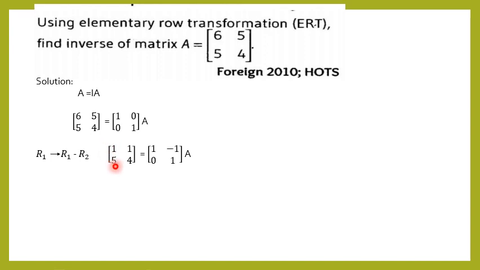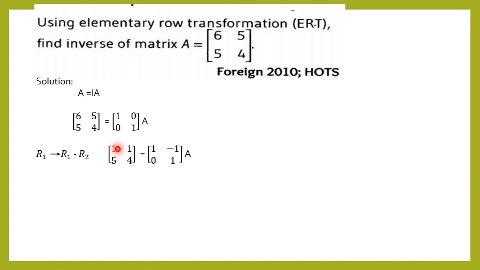Now the second task is to multiply the additive inverse of this 5 with the first row and add it to the second row. So we need to multiply the first row by minus 5. That is, 1 into minus 5, minus 5.